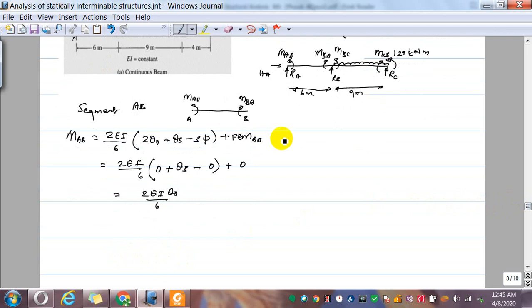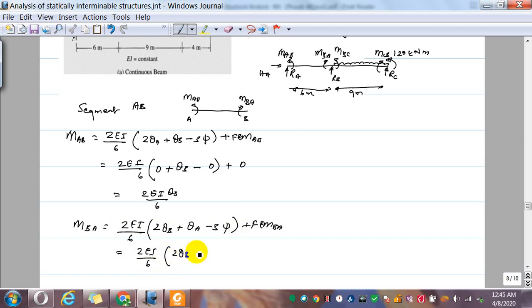And if I derive the MBA equation, MBA equals 2EI over 6 times 2 theta B plus theta A minus 3 psi, plus FEM BA. With similar consideration, 2 theta B will be there, and theta A is 0, psi is 0, the fixed end moment is 0.